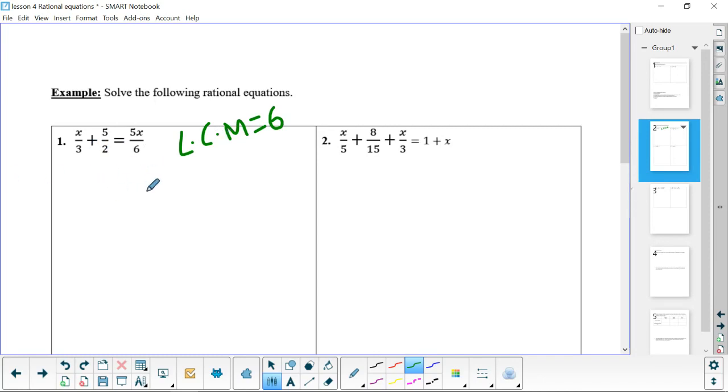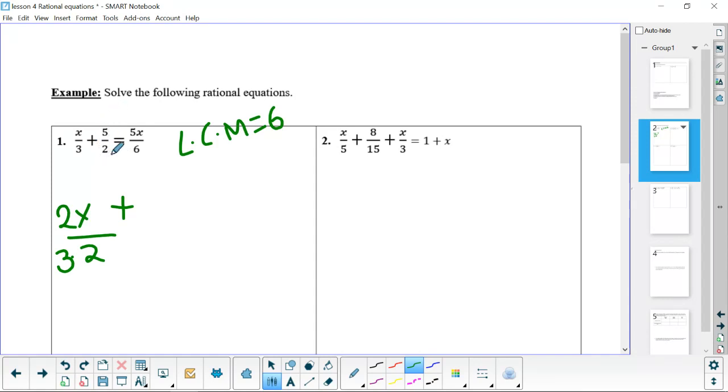In our first rational expression, we have 3 in the denominator. What should I multiply this 3 by to get 6? It is 2, right? So we multiply the 3 by 2 to get our LCM, 6, and I multiply the numerator also by 2, so in the numerator I get 2x. Now the second rational expression, 5 by 2.